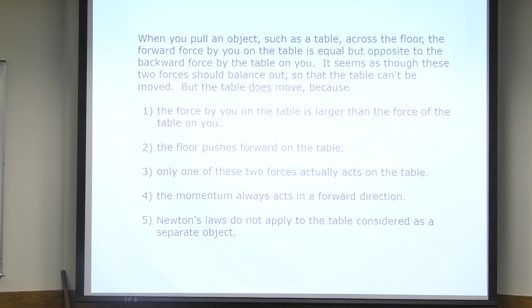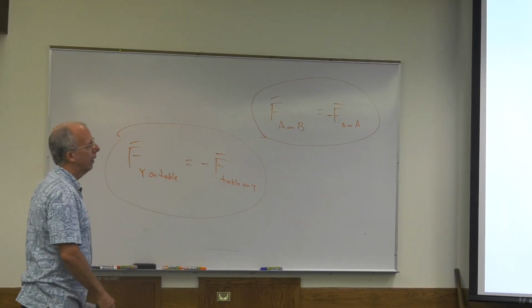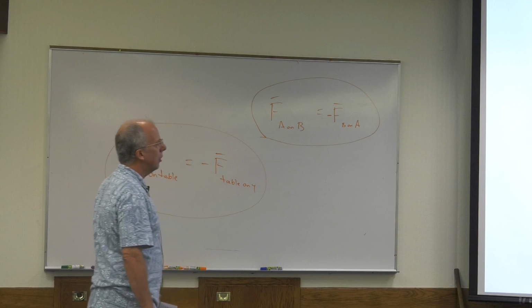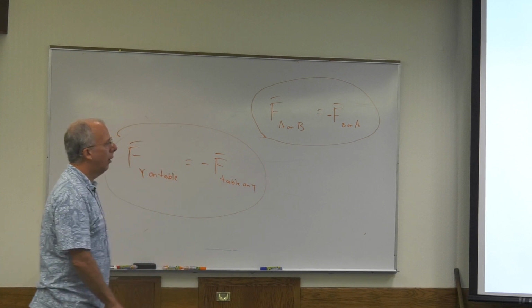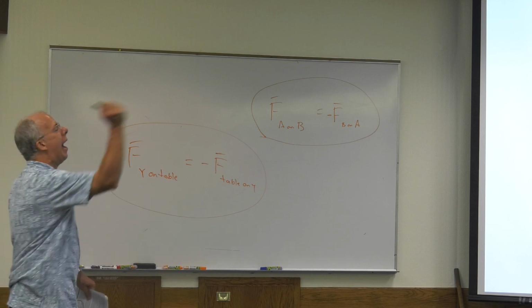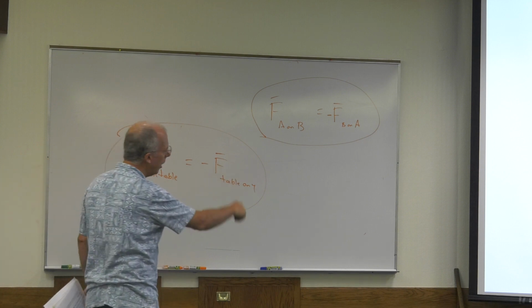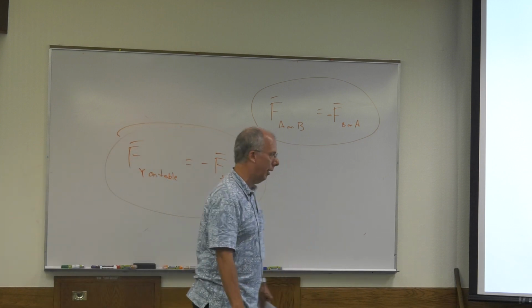Perfect. Newton's third law. It seems as though these two forces should sort of balance out. So the table can't be moved. But the table does move. Why? Pause your video and figure it out. And I would recommend, when in doubt, draw the force diagram.